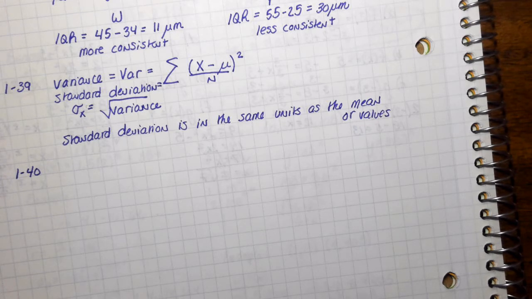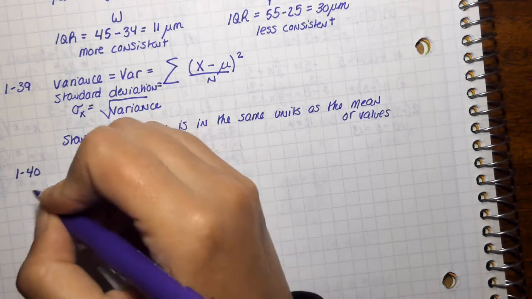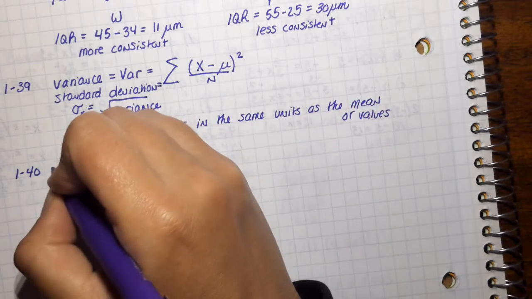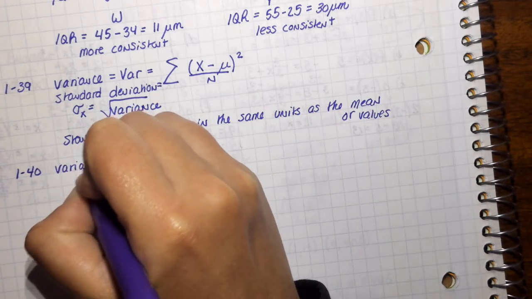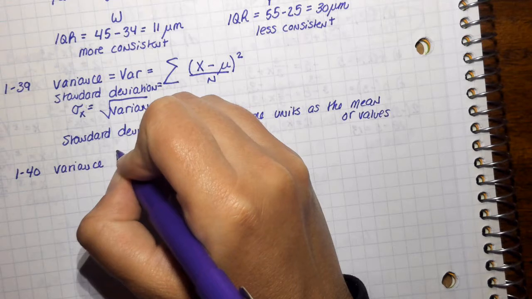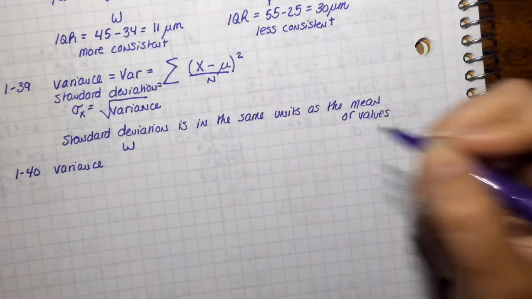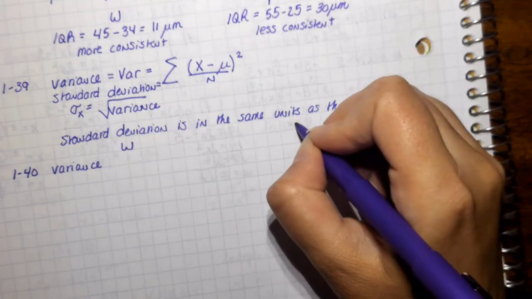But for the rest of the time, you'll be able to use the calculator for this. Okay, the first thing that you want to do when you calculate the standard deviation, so we're going to do the variance first, and I'm going to do sugar W, and you are going to have to do sugar P on your own.